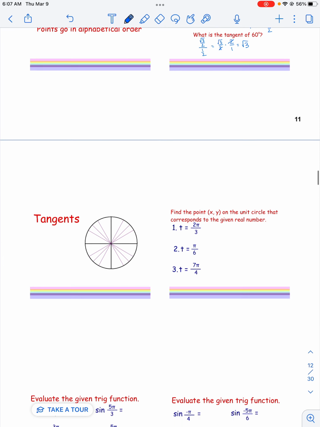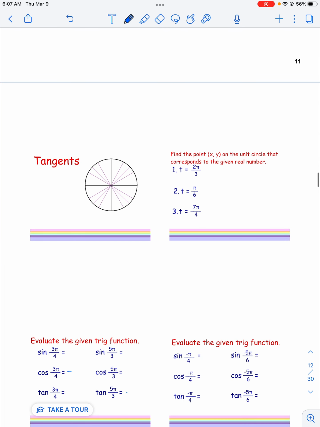Okay, next page, I'm on to page 12 here. I want to find the point on the unit circle that corresponds to this real number. All right, so 2 pi over 3. Well, that's 2 sets of 60, that's 120, that is right there. That's a reflection from the 60-degree reference angle in quadrant 1, and so that is the point negative 1/2, comma, square root of 3 over 2.